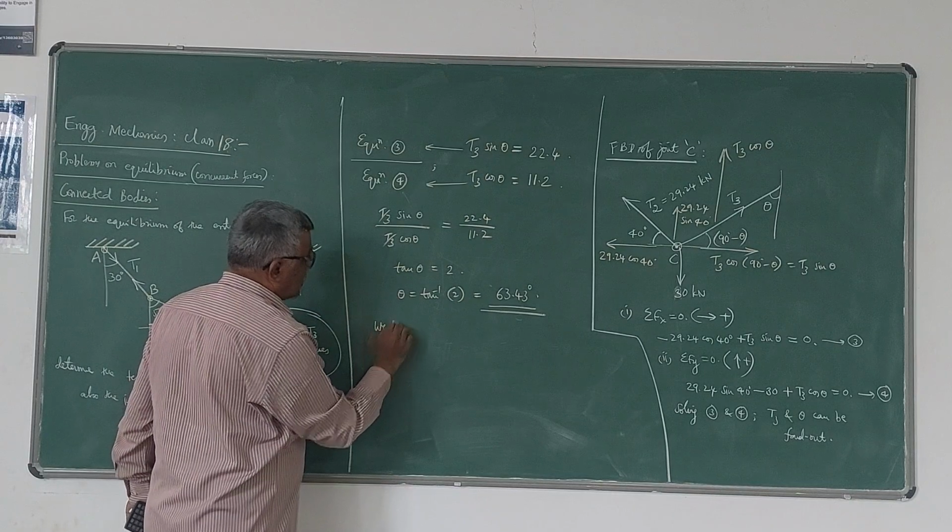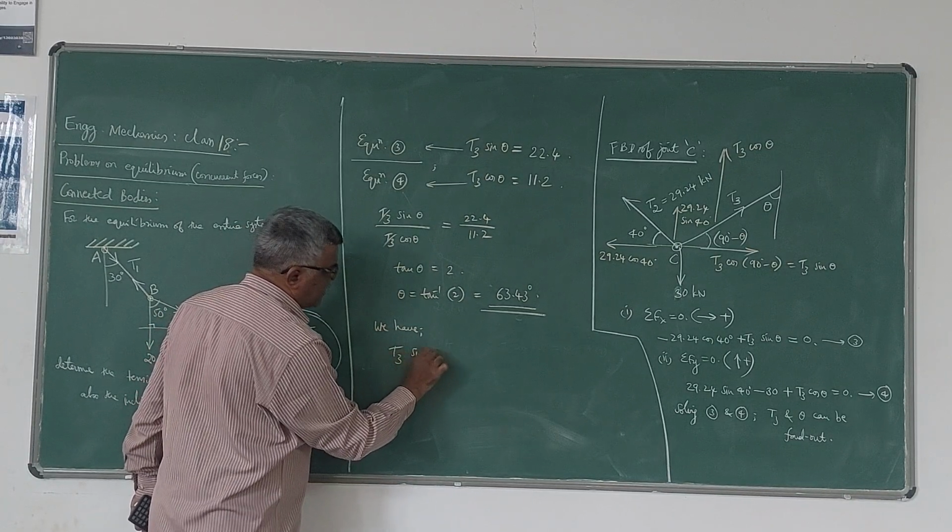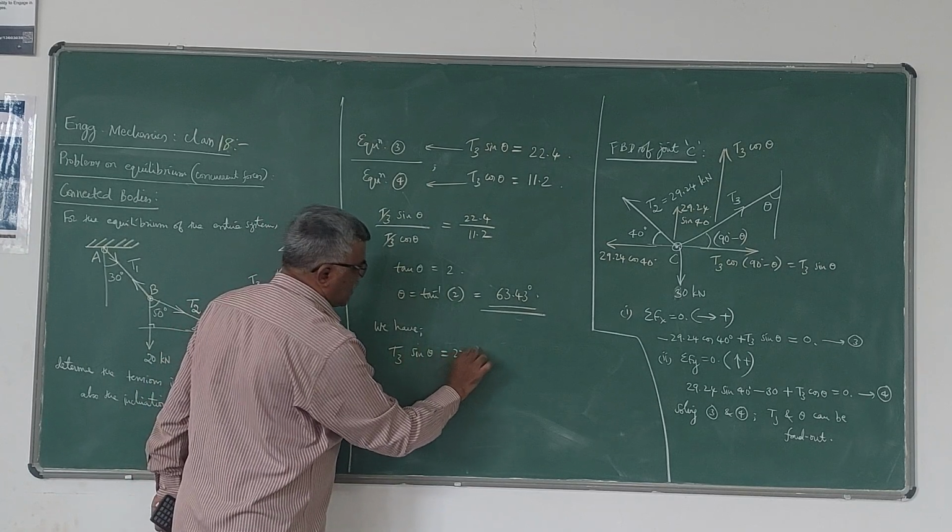Now substitute this value of theta in one of these two. So we have T3 sin theta equal to 22.4.